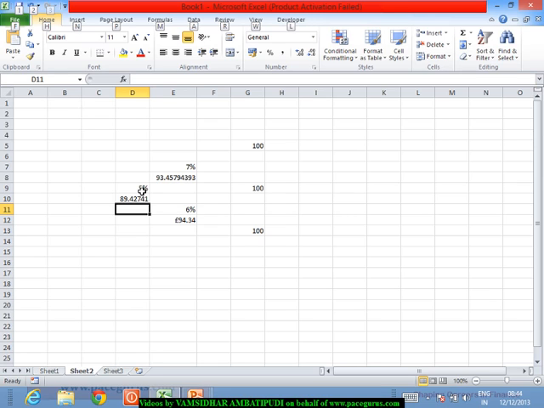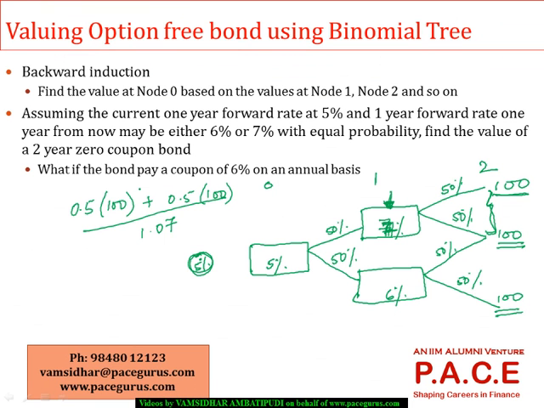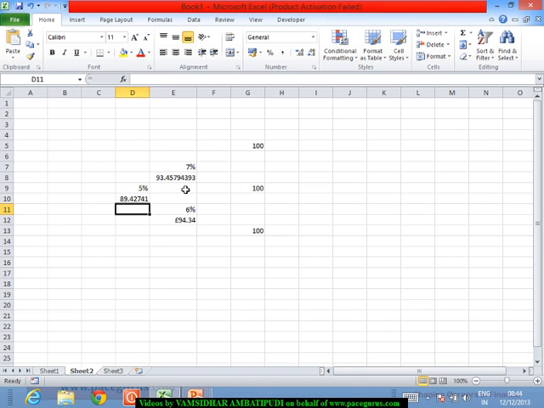Now let's say, just for understanding purpose, this is a zero coupon bond, assume that this particular bond has a coupon of 6% on an annual basis. How will I figure that out? If I know that 6% is the coupon, I know that every year that 6 is being paid. So what will happen?